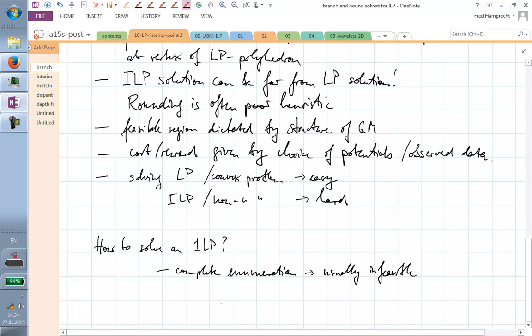So complete enumeration, no, we don't want to do. An approach that is quite popular is to use branch and cut, and this is what I want to look at with you now. Branch and cut, or branch and bound.